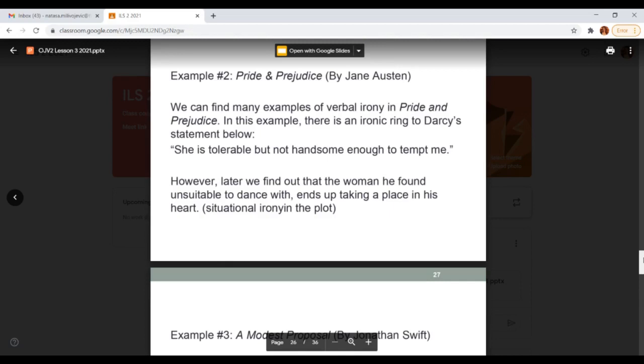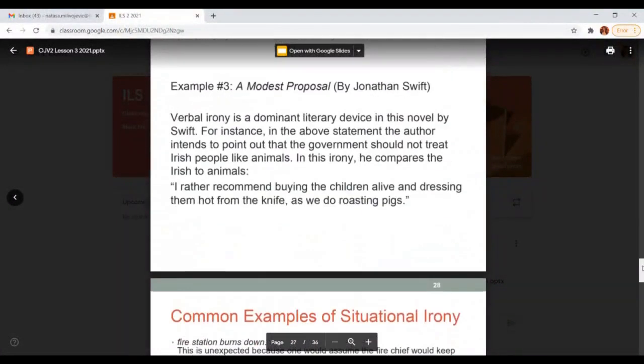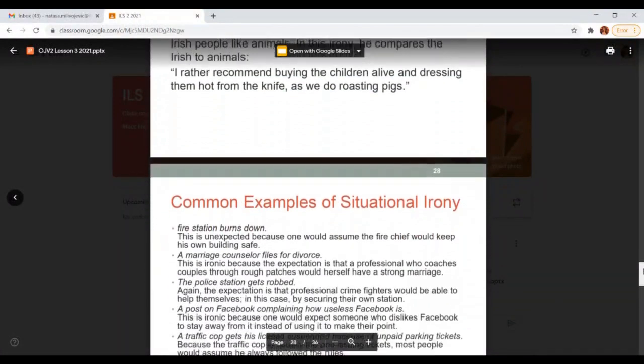However, later we find out that the woman he found unsuitable to dance with ends up taking a place in his heart. So he actually falls in love with her, and so on. Again, one more example here in A Modest Proposal by Jonathan Swift.